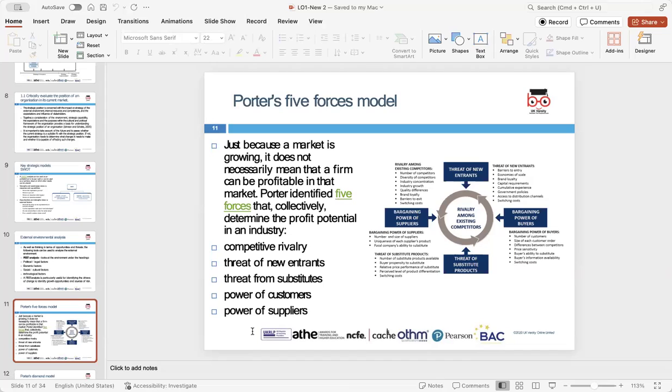Understanding these forces helps organizations strategize effectively and navigate industry challenges.